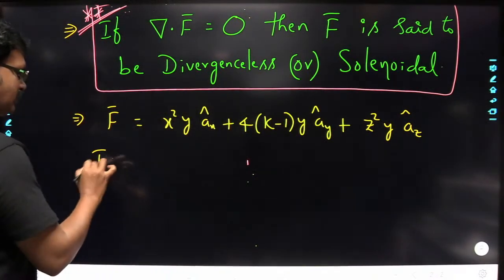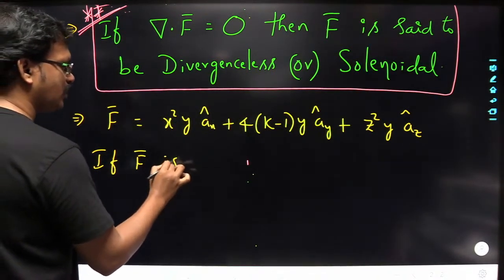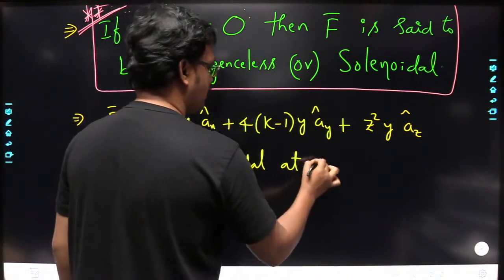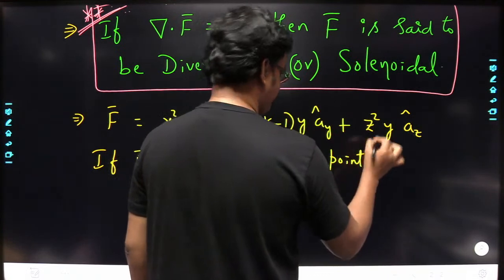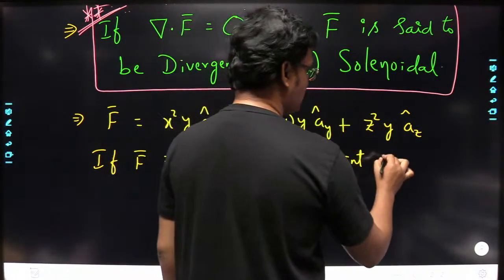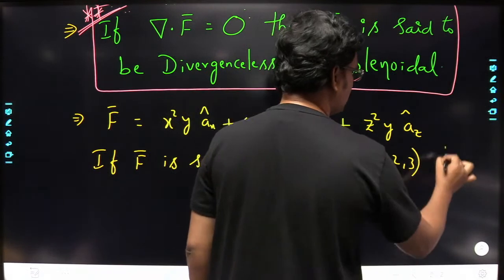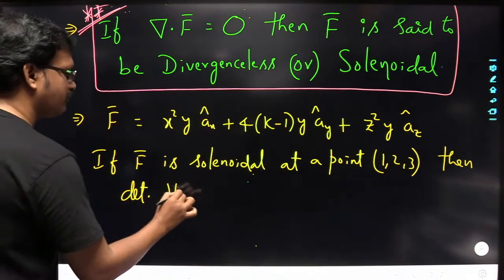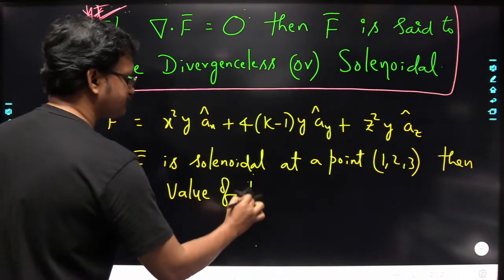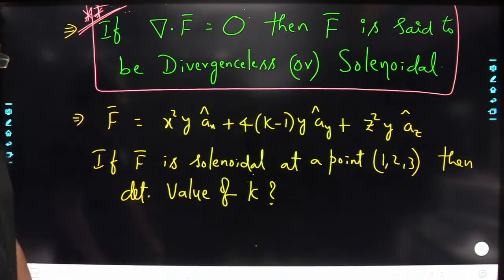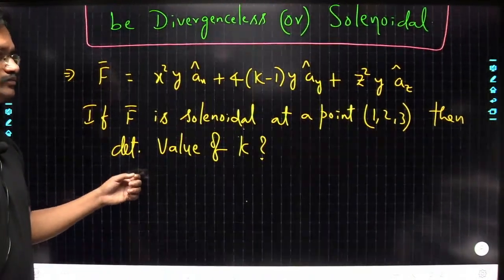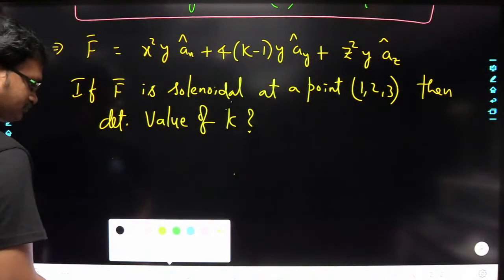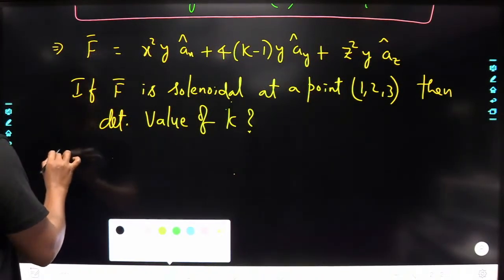If f bar is solenoidal at the point 1, 2, 3, then determine the value of k. Do it here, it is a simple problem.